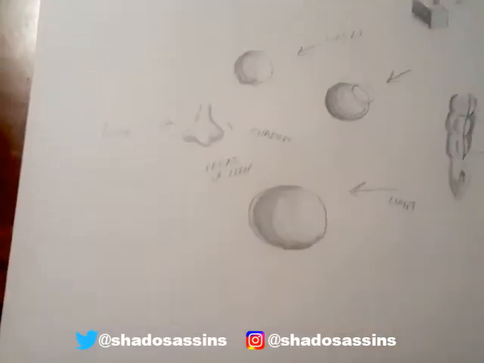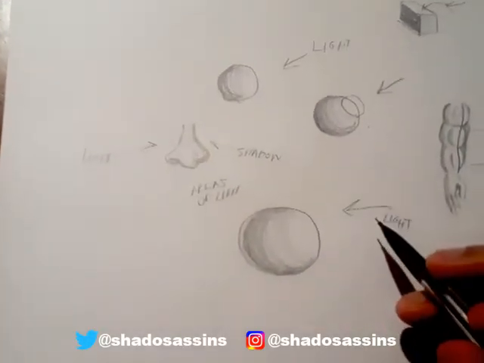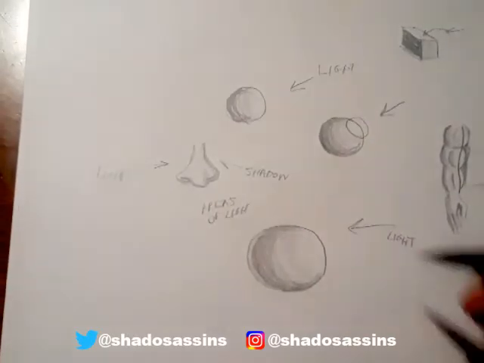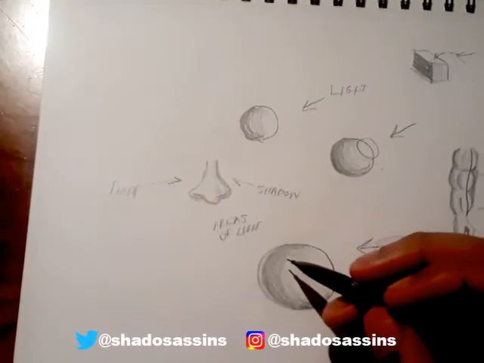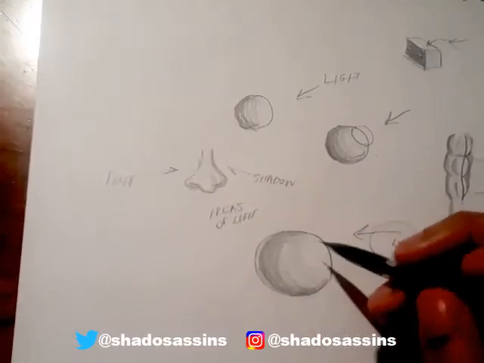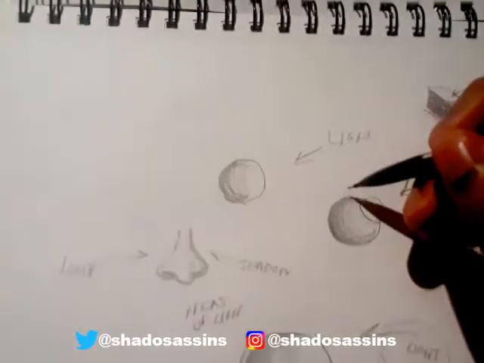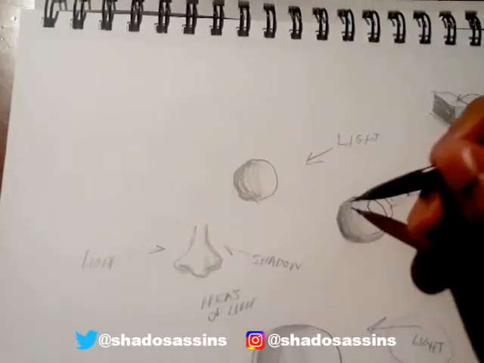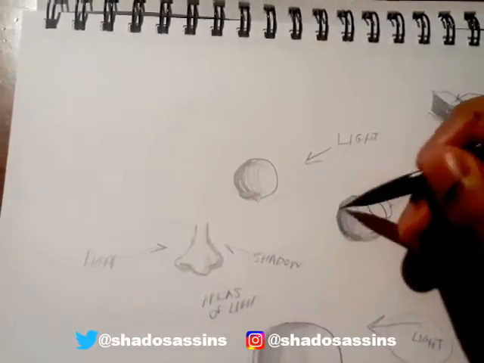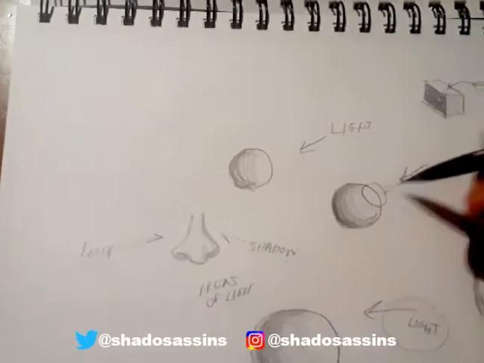Because like I said, very rarely will you actually draw something to where there is just one singular light like this and that's it. So you essentially will be having the ball right here where this is the light source hitting the ball, and everything that's not in the field of vision of the light would be in complete darkness.